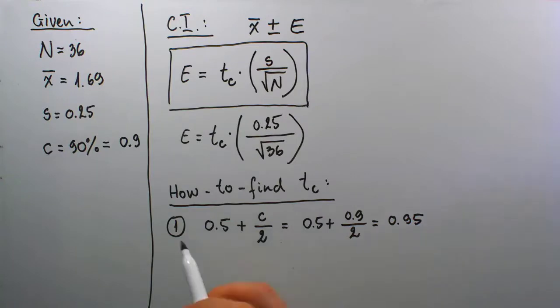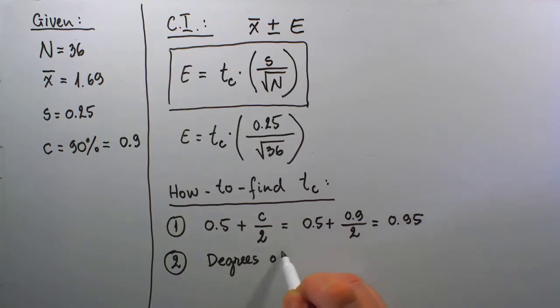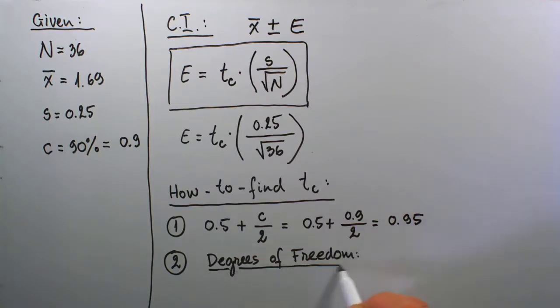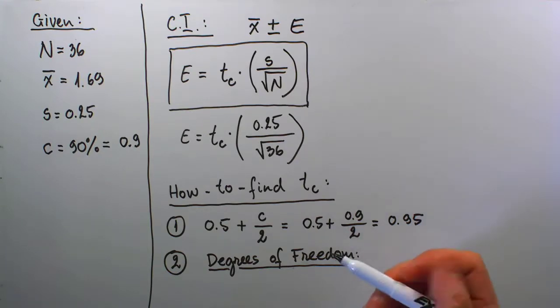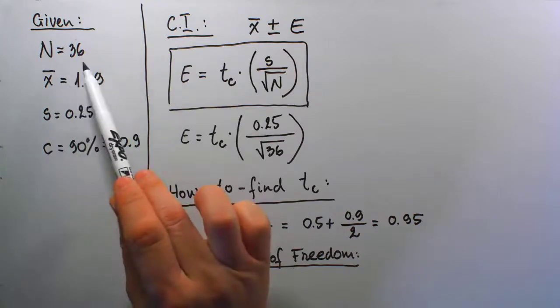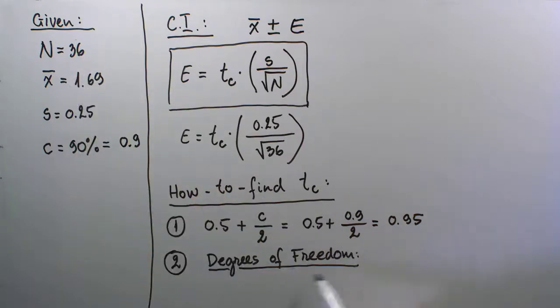So now in step 2, we are going to figure out the degrees of freedom for our sample. So now again, I'm going to repeat. For step 2, we are going to figure out the degrees of freedom of our sample. Any sample with a finite sample size has a degrees of freedom.